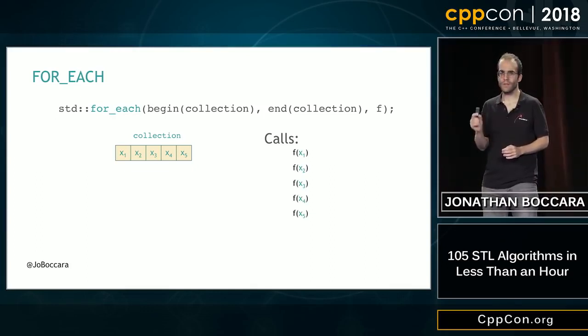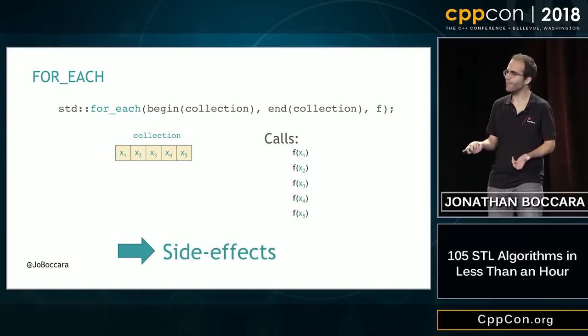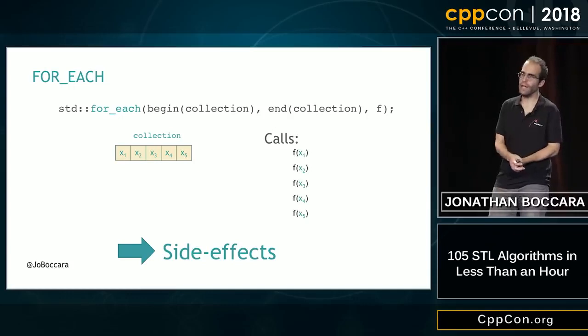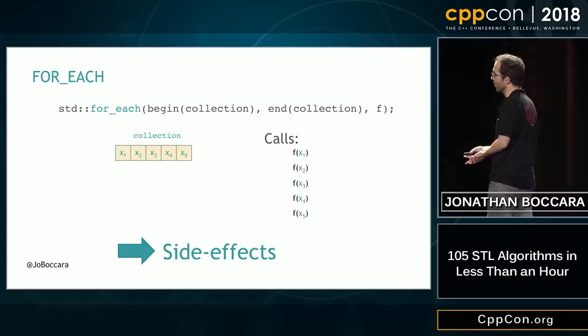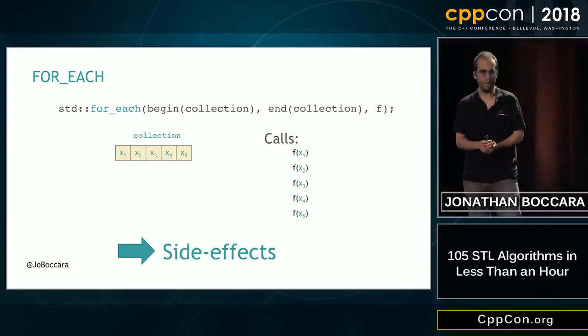Now, what does a function that returns void do? Anyone an idea? Yeah, exactly. Side effects. for_each is made to perform side effects. Now, whether side effects are a good thing or a bad thing is absolutely not the purpose of that talk, even though I think that some cases are useful with side effects.